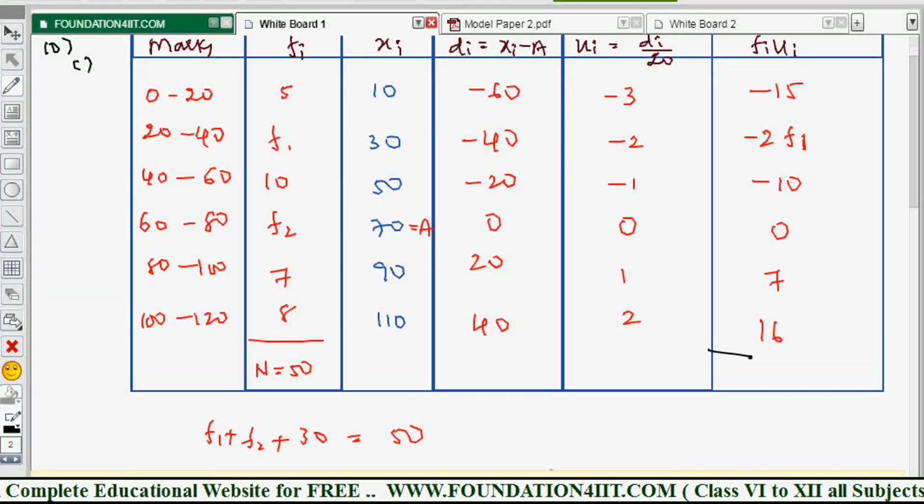If you add the fi ui column, sigma fi ui, adding all this: minus 15 minus 10 is minus 25, and here 16 plus 7, positive numbers add, negative numbers add, so minus 25 plus 23, so minus 2 F1.